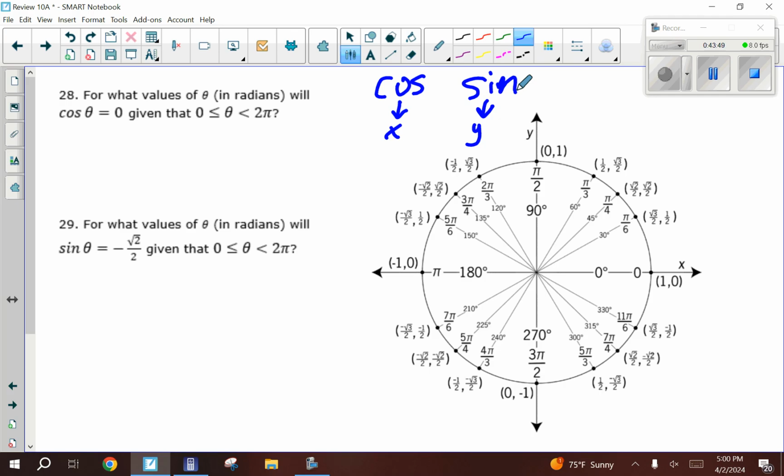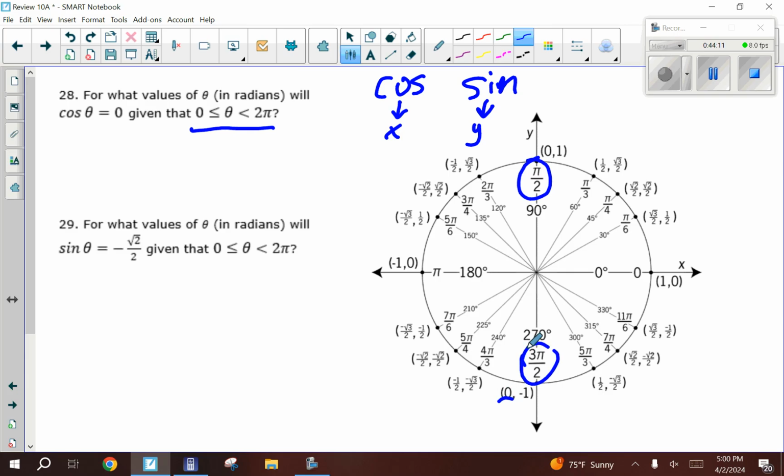So when they're asking us for the cosine, they're asking us for the first number. And this means go around the whole circle. So we want to know everywhere in the circle where the cosine is 0. So that's the number in the first spot. So the first spot is 0 here at pi halves, and the first spot is 0 here at 3 pi halves.